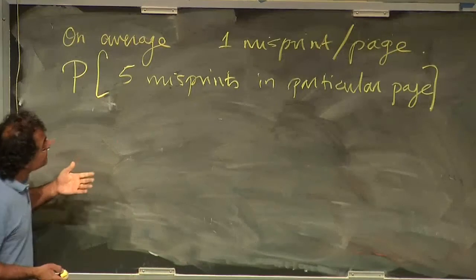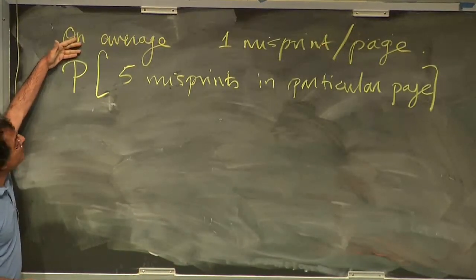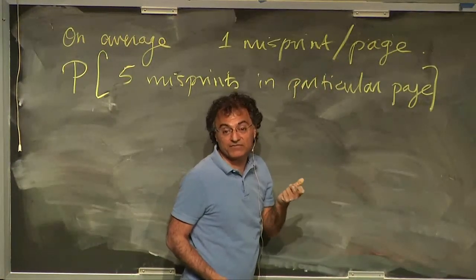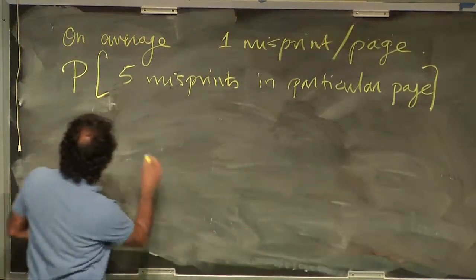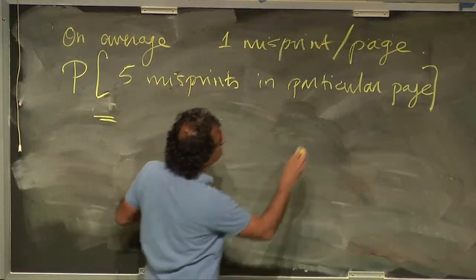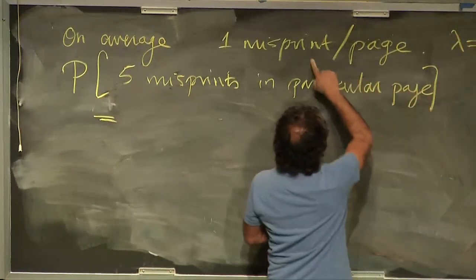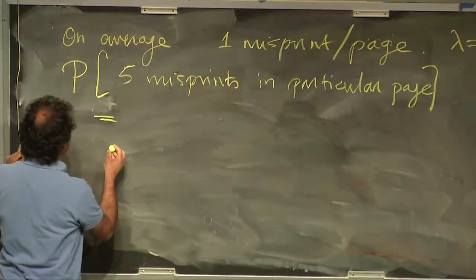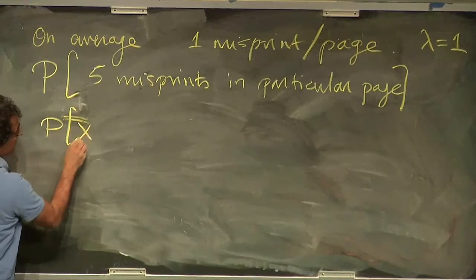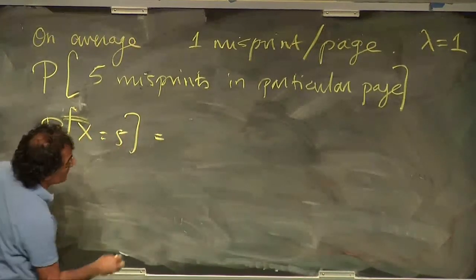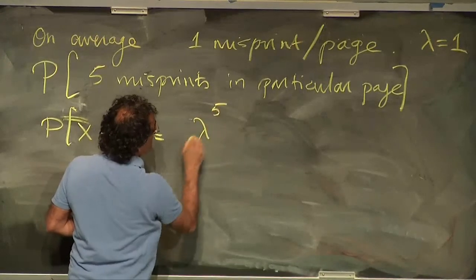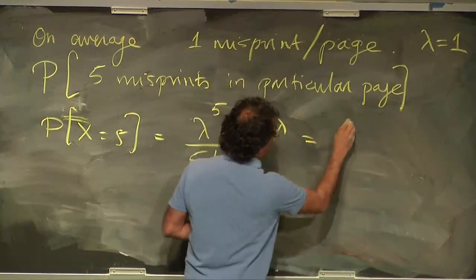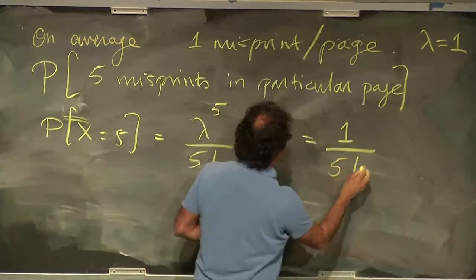So, for example, you might not imagine that if you knew on average there's 1 misprint per page, you'd be able to compute exactly the probability that you'd see 5 of them. But in fact, there's an answer. And the answer is exactly, lambda equal to 1. Right? 1 misprint per page on average. So that's the average number of misprints. So now the probability x equal to 5 is lambda to the 5 divided by 5 factorial times e to the minus lambda, which is 1 over 5 factorial e to the minus 1.